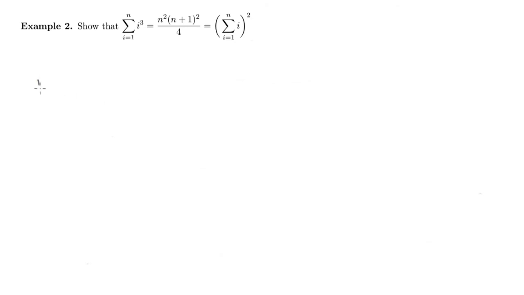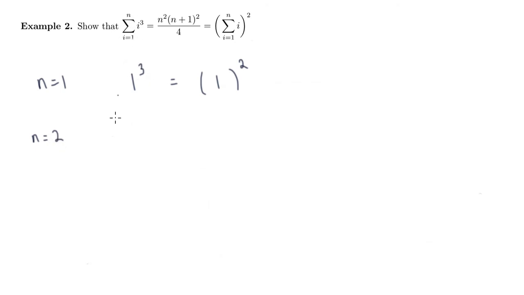If n is 1, what this is saying is that 1 cubed equals 1 squared. Okay, well that is not very remarkable. There's nothing really interesting there. But let's look at the n equals 2 case.